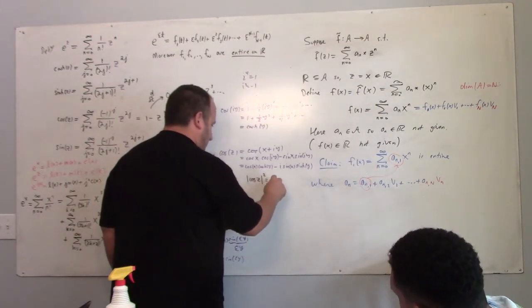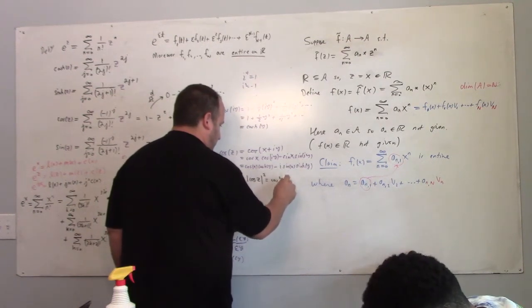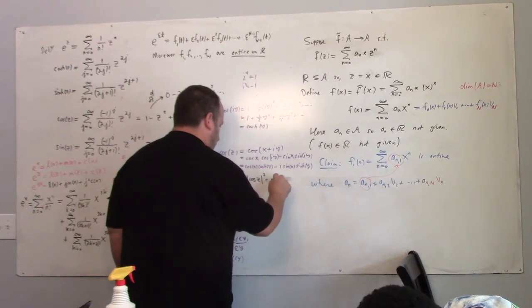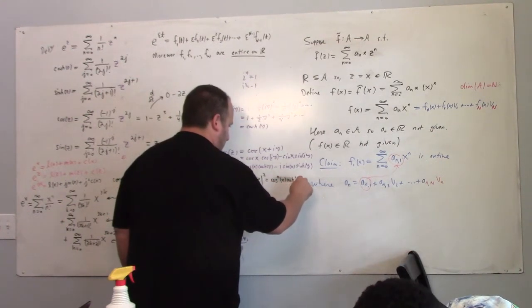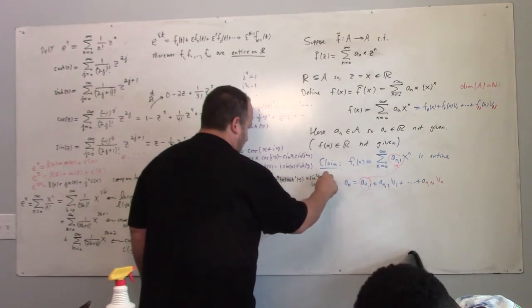It's cosine squared x cosh squared y plus sine squared x sinh squared y.